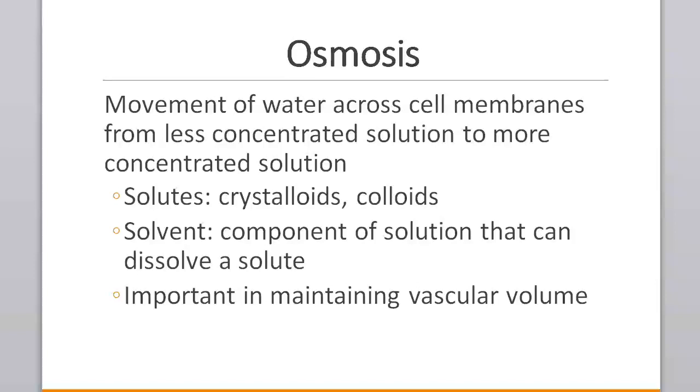And colloids might be, maybe you're going to give your patient albumin. That's a colloid because it is a type of solution or a solute that's going to help expand vascular volume. Maybe you would give that for a patient who is bleeding and we don't have an available blood product on board, so we give them a colloid.